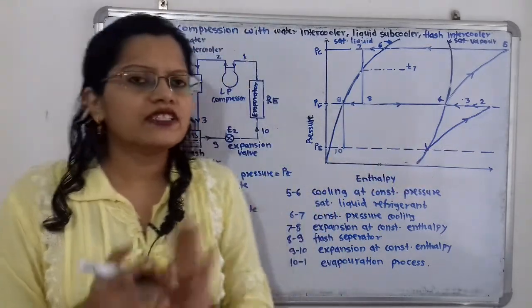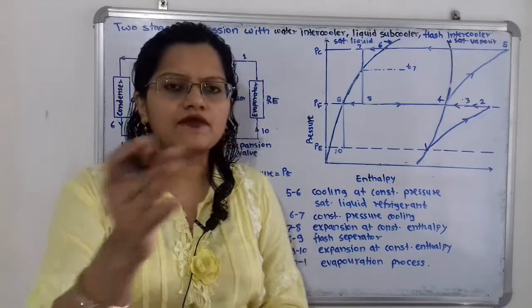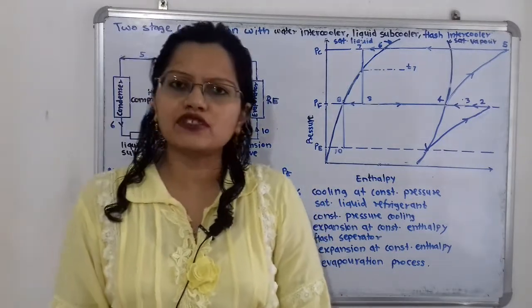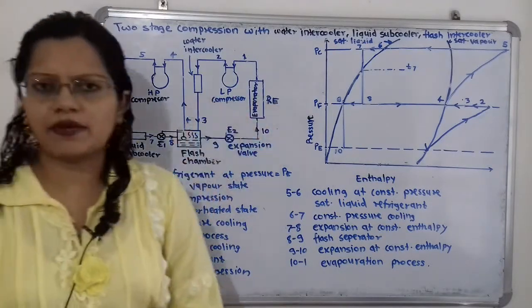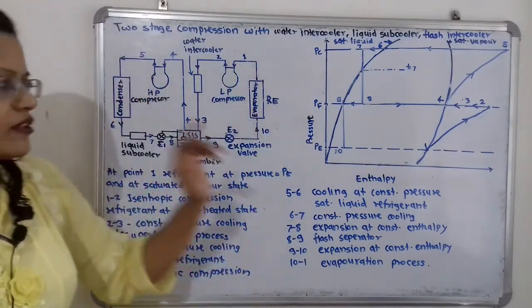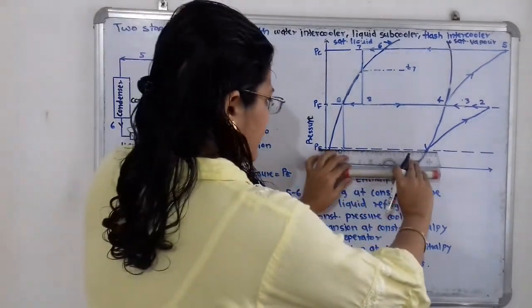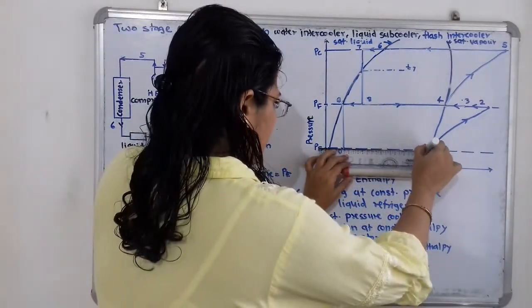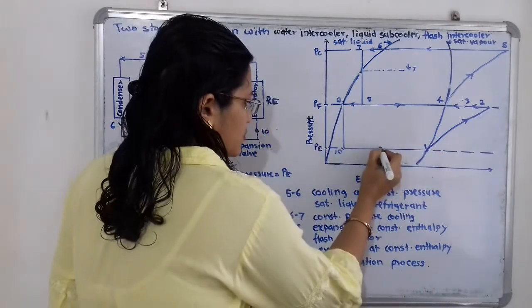For this phase change process, the heat required is taken from the surrounding media which is to be cooled, and here the refrigerating effect is taking place in this evaporator. So we have to show this process 10 to 1, taking place at constant pressure, and we have to show the arrow also.